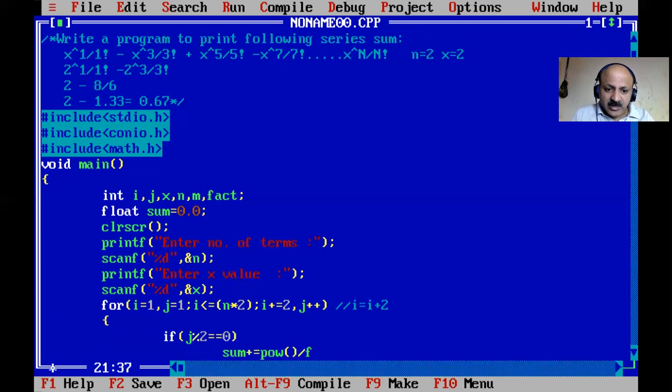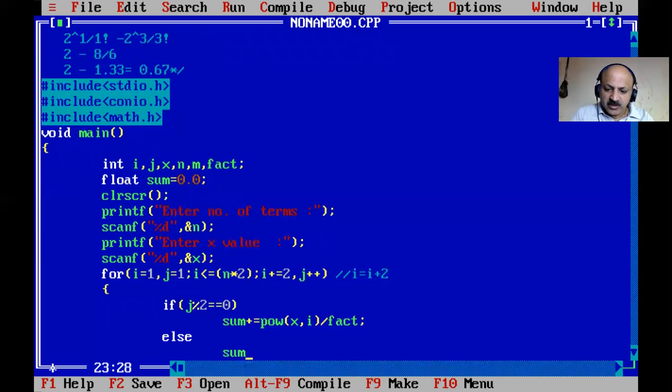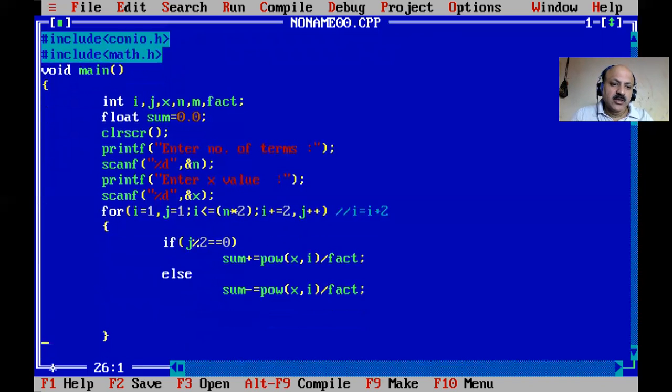And now we can divide by the factorial, so here we can find the factorial, and x upon I. First we can also find the factorial, so I first complete that else part, so sum minus equal to power function, that is the same, x raised to I, and divide by factorial, so we can find the factorial.